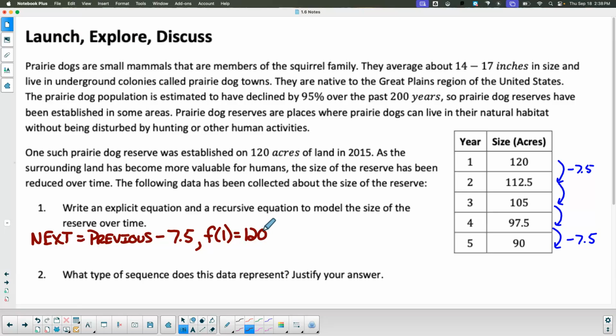Anybody want to tackle the function notation of this one? I can try. Wouldn't it be f of n equals f of n minus 1 minus 7.5? Sounds perfect to me. Could be f of n equals... Yep.